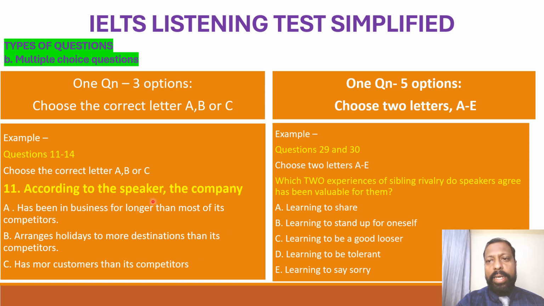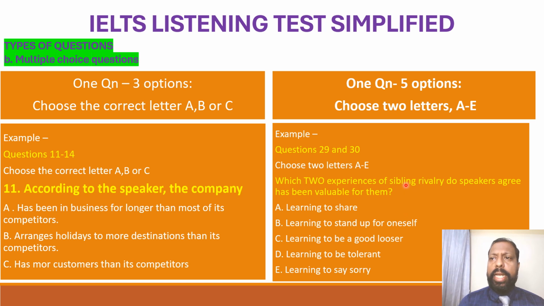However, you need to identify what the company pays its attention to, whether it has been in business for longer than most of its competitors, or arranges holidays to more destinations than its competitors, or even has more customers than its competitors. So what does the narrator intend here? So identify your answer. Then just write your answer as the correct letter, A, B, or C.